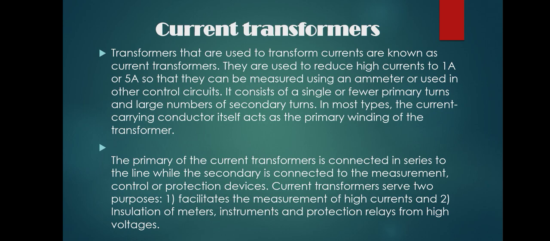It consists of a single or fewer primary turns and a large number of secondary turns. In most types, the current carrying conductor itself acts as the primary winding of the transformer. The primary of the current transformer is connected in series with the line, while the secondary is connected to the measurement, control or protection devices.